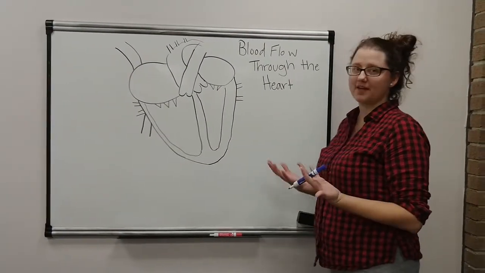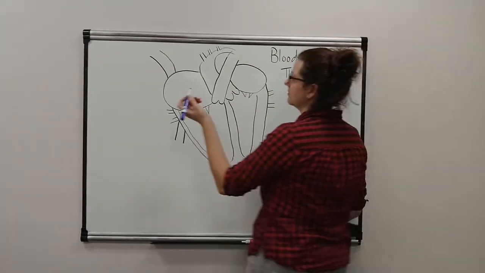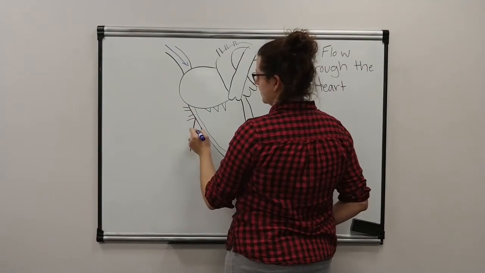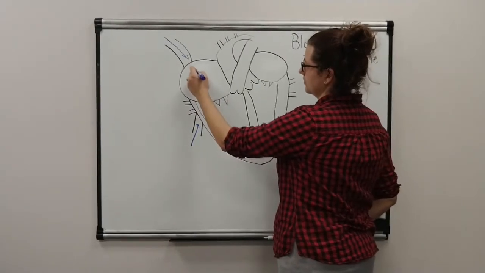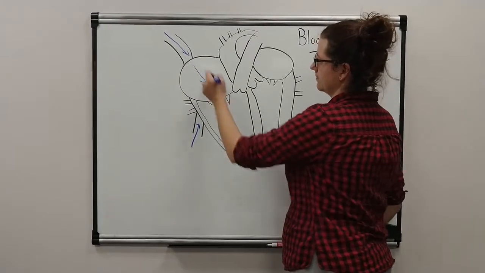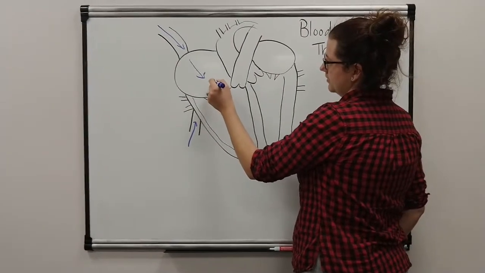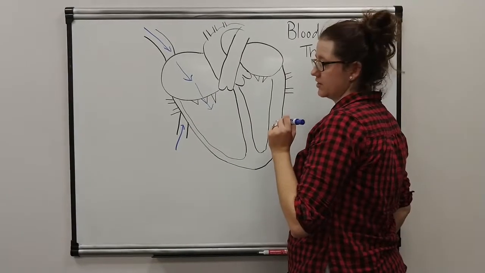This is the path blood takes as it flows through the heart. Deoxygenated blood enters the heart from the inferior and superior vena cava into the right atrium. That blood flows passively through the tricuspid valve into the right ventricle.